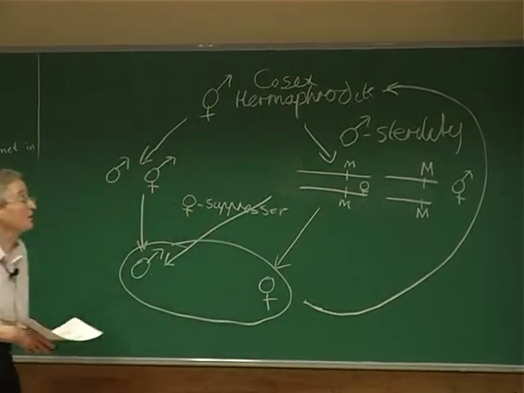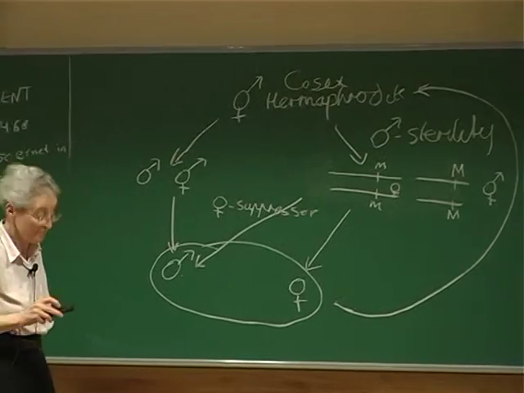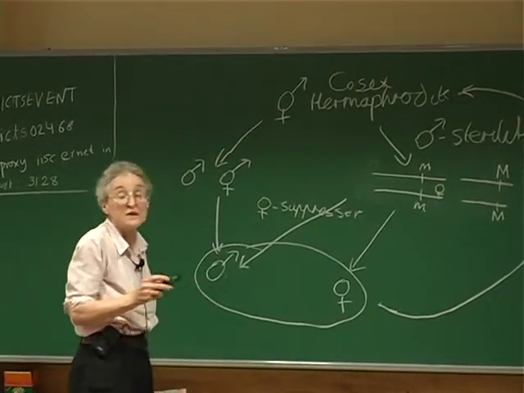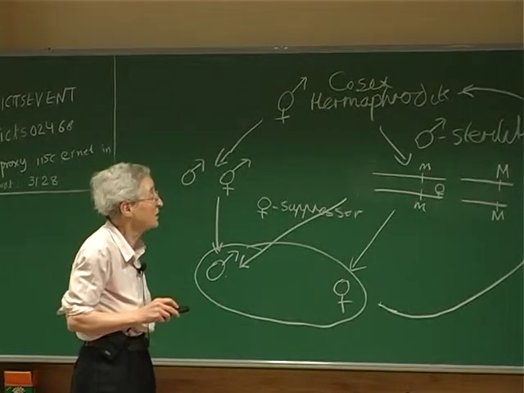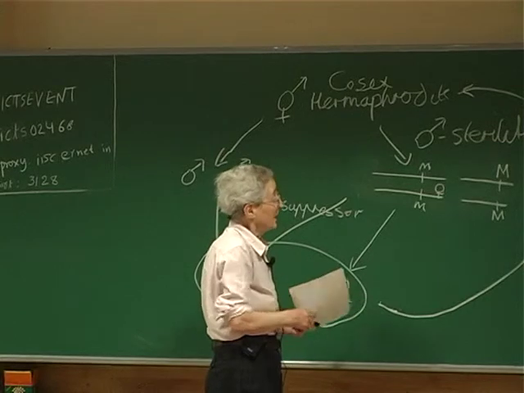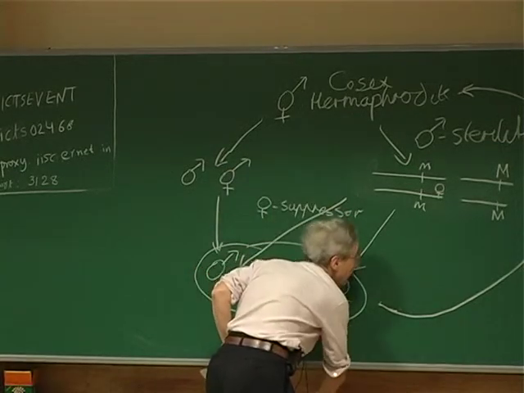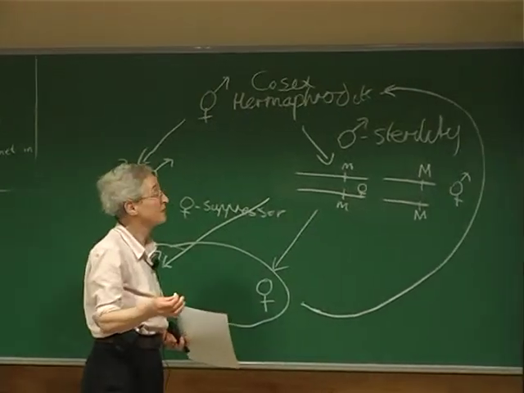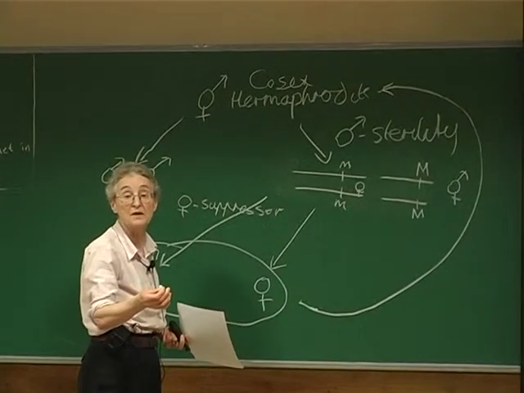And then you could work out the population genetics for the males to invade. And what you can see intuitively, again, to start with the intuition, is that if you have a male sterility mutation, like in the females, it would be very harmful to have a female sterility mutation.